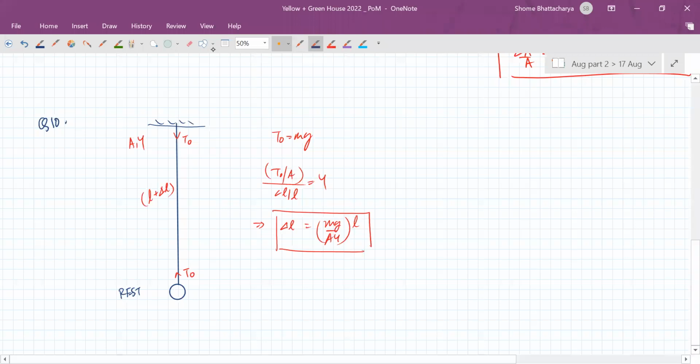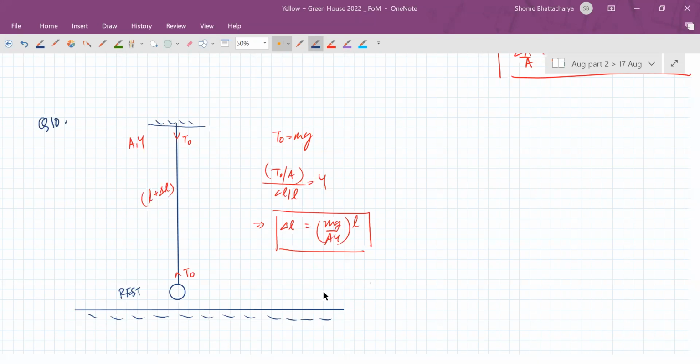Now in this situation, it's given to us in the question that there's a gap between the floor and the sphere. Natural length is this much, diameter so much. There's a 2 millimeter gap between this and this.